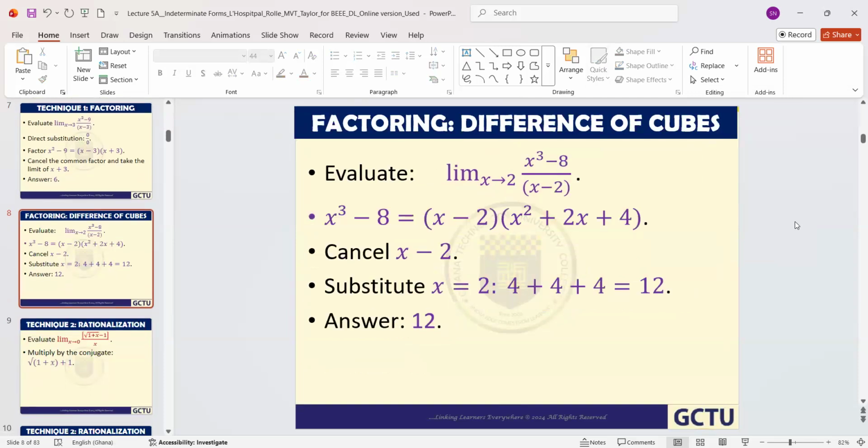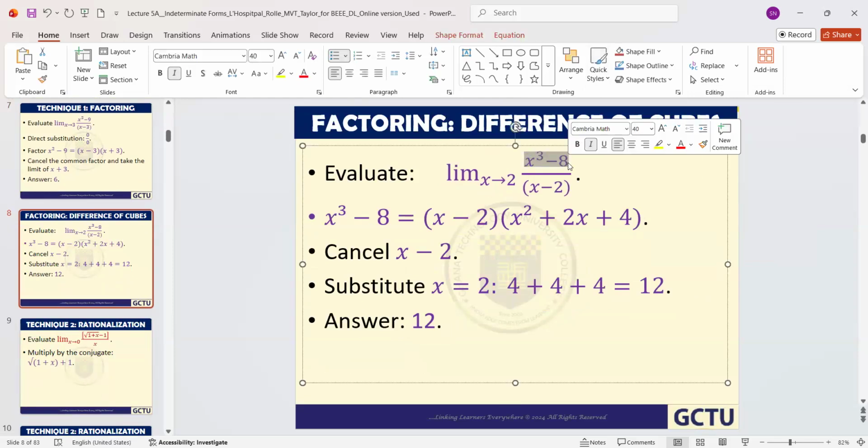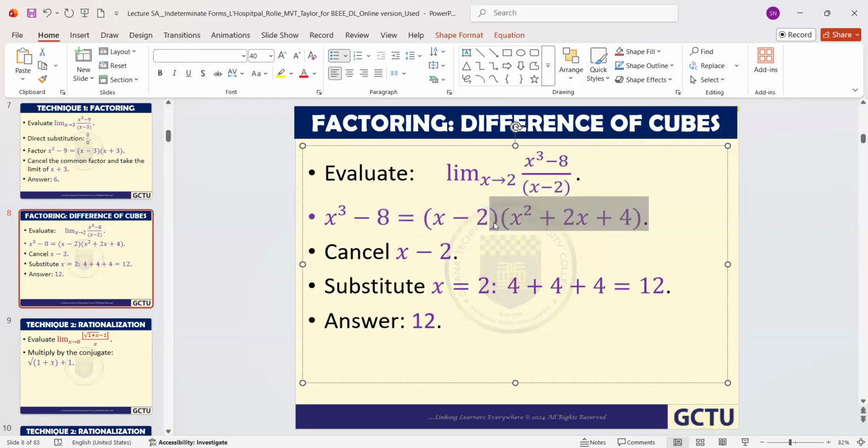Then the same factorization technique applies to this function. You must be careful. This is to the power 3, so you must also realize that you can factorize this. The x cubed minus 8, we call this the difference of cubes. We have difference of squares, and a difference of cubes gives you one factor that is a linear function and the other a quadratic function. So the numerator x cubed minus 8 will give you x minus 2 times x squared plus 2x plus 4.